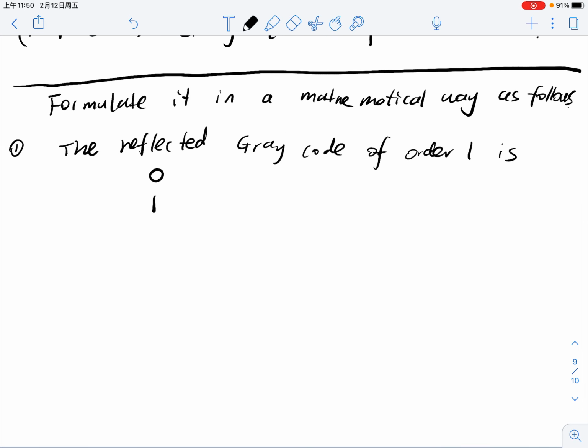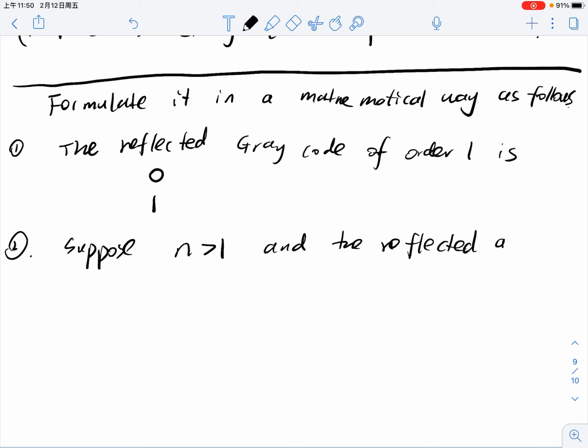Okay, next, suppose n is greater than 1 and the reflected gray code of order n minus 1 has been constructed.